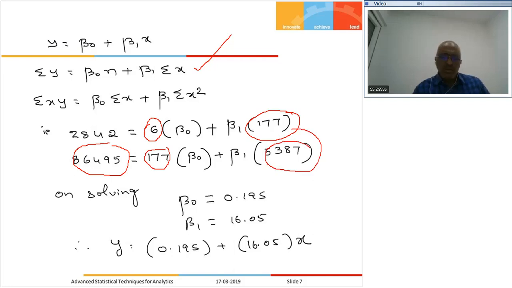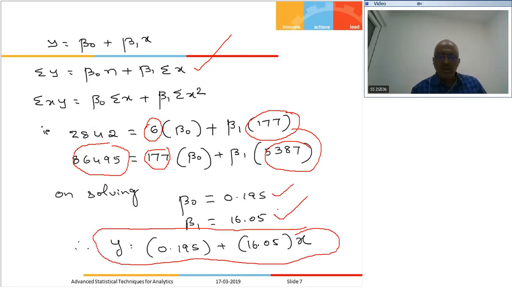Now it is very simple to solve. If we solve these two equations, we will get the beta naught as well as beta 1 values. That means in turn we get the equation of the linear regression, where y is the dependent variable and x is the independent variable. How to solve these equations? I assume that we are all familiar with this.